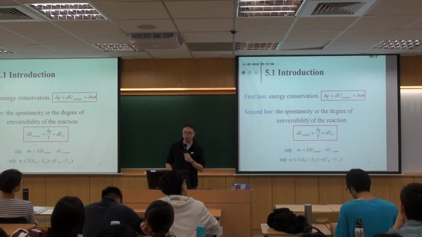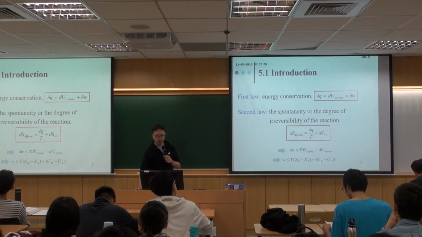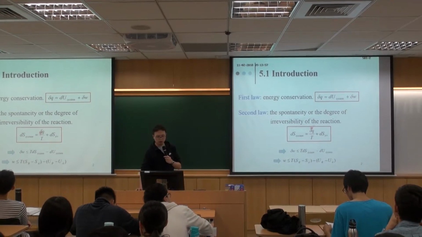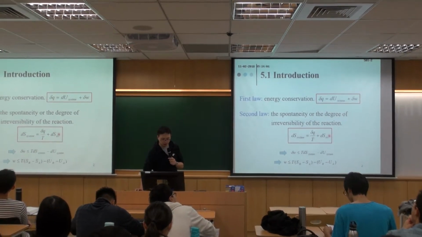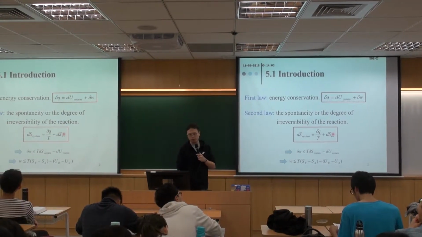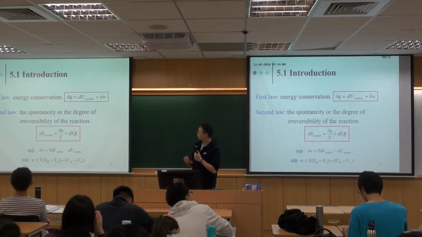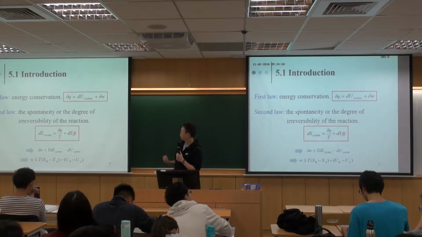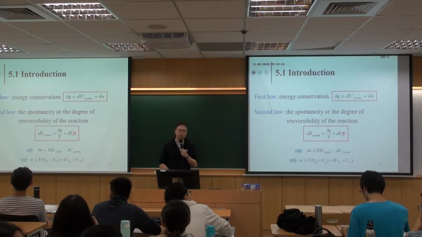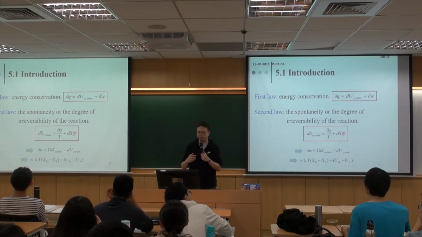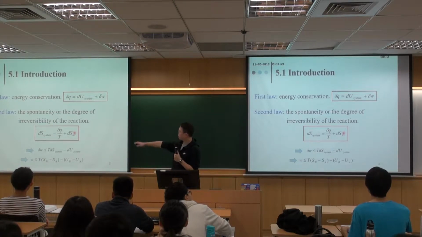And from the second law, we also know that the change of the entropy for the system is the heat absorbed divided by temperature, but there is an irreversibility term if the process is an irreversible process. So if you're dealing with a reversible process, then you don't have this second term on the right-hand side. But if you're dealing with an irreversible process or regular process, then you have to take that into account.